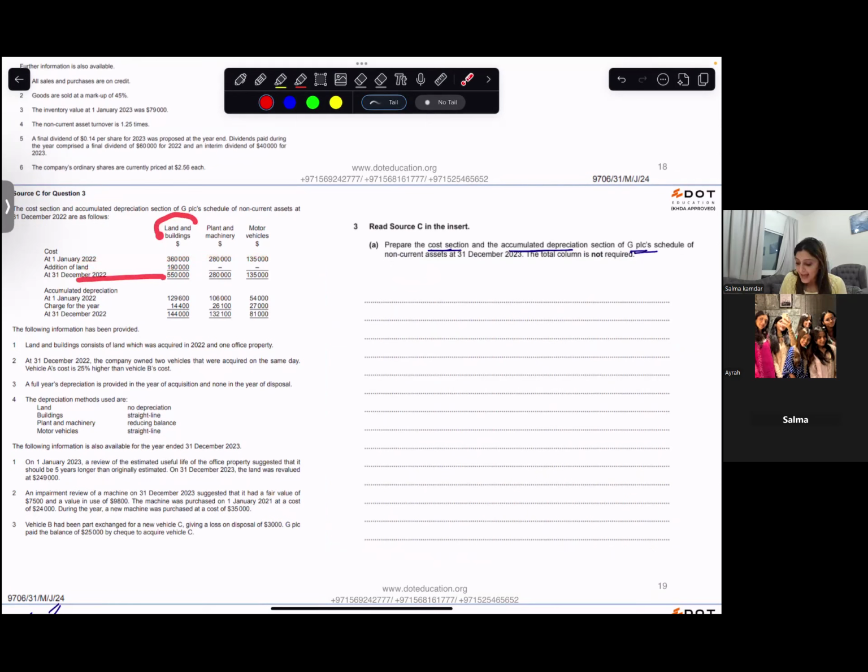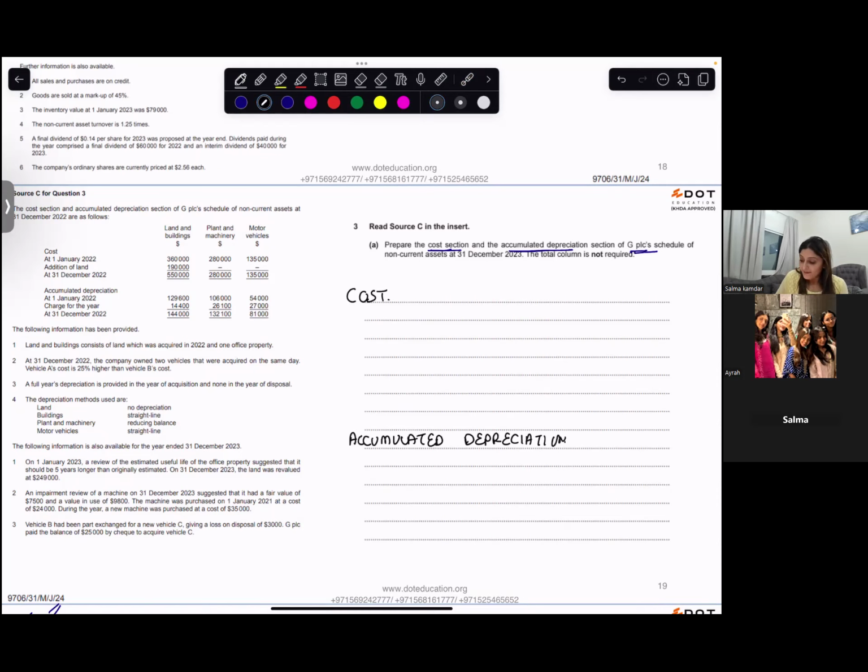There is an asset, land and building, plant and machinery, and motor vehicle. When I prepare the non-current asset schedule, my first section would refer to the cost section. The second section would refer to the accumulated depreciation section. Are you with me?